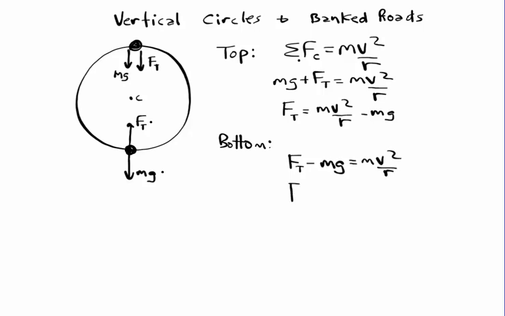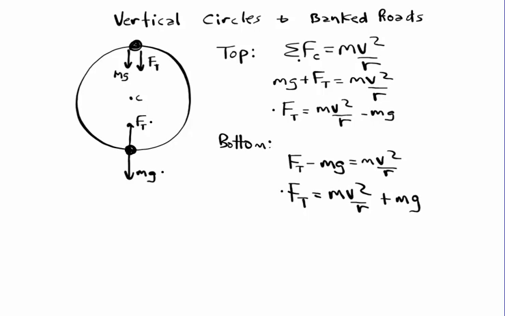If I solve that for the tension, I get mv squared over r plus the weight. From these two results, the top tension is mv squared over r minus the weight, and at the bottom the only difference is it's plus the weight, which means that the tension is greater at the bottom.